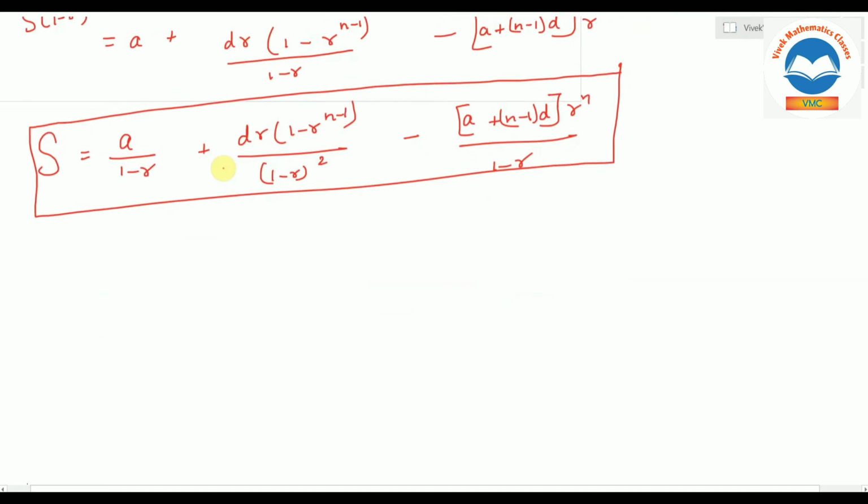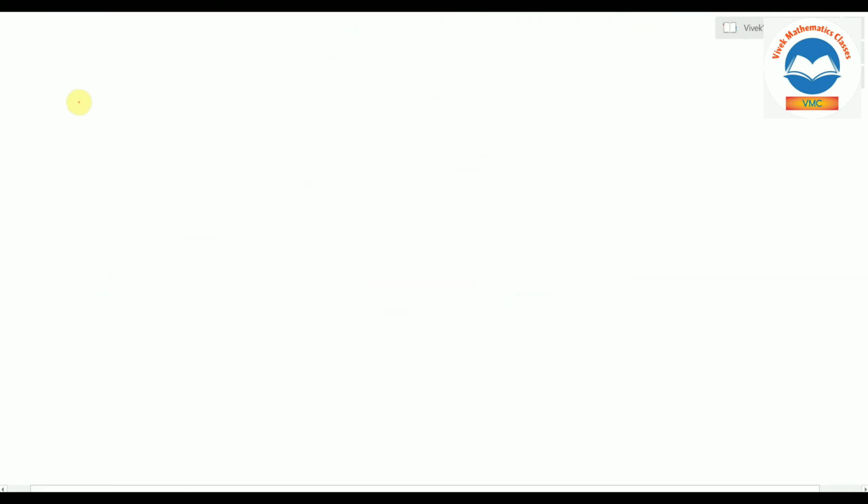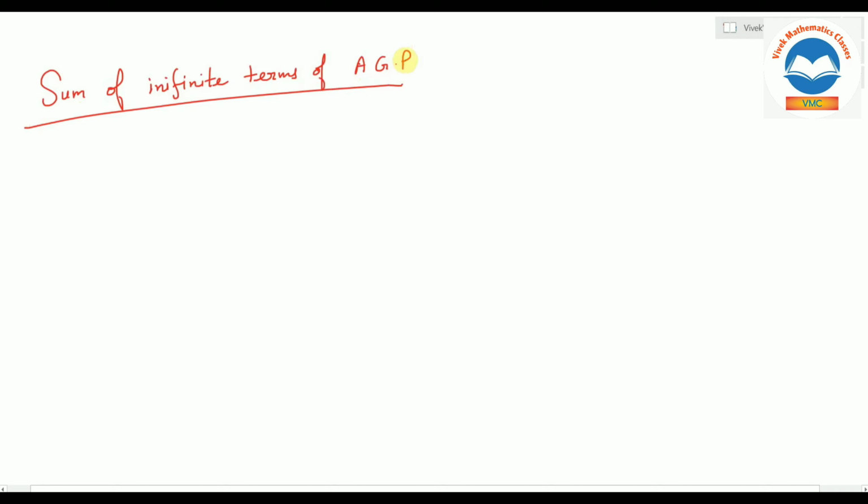Similarly, we can write the sum of infinite terms also. So sum of infinite terms of AGP. So what will happen? n will be tending towards infinity.